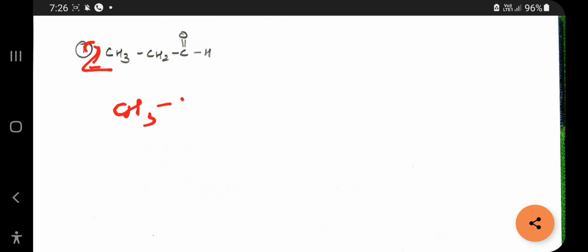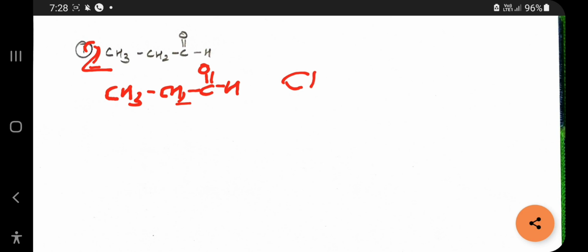You will take this compound. Two compounds are taken: CH3 CH2 and another compound, CH3 CH2 C double bond O H. In this, this is the alpha carbon; both are identical.